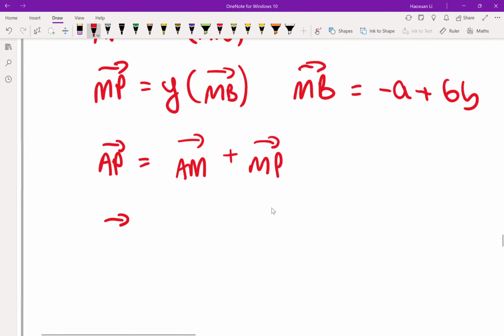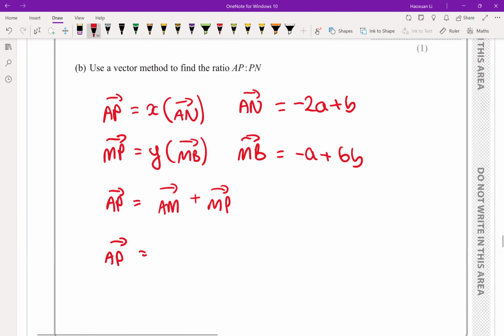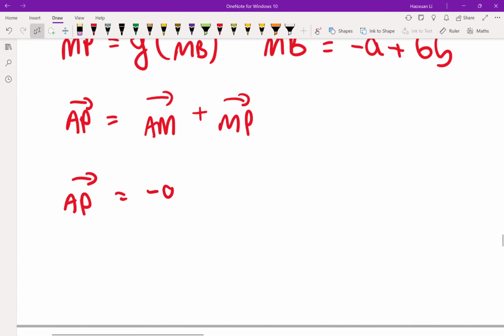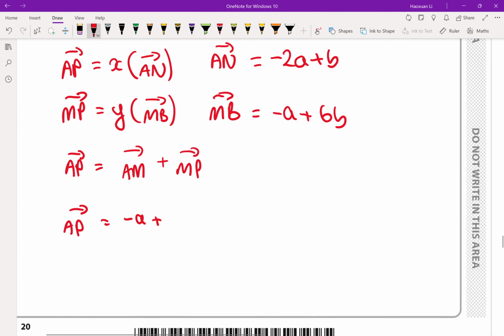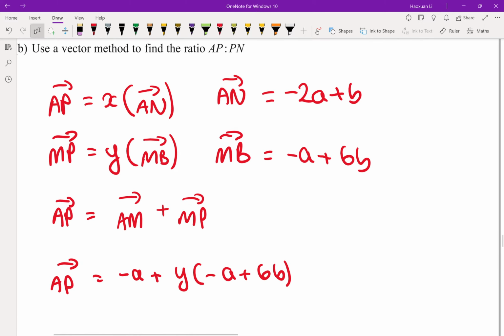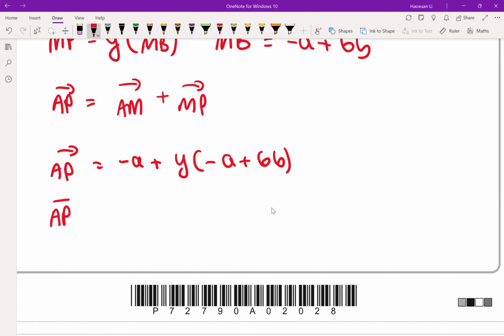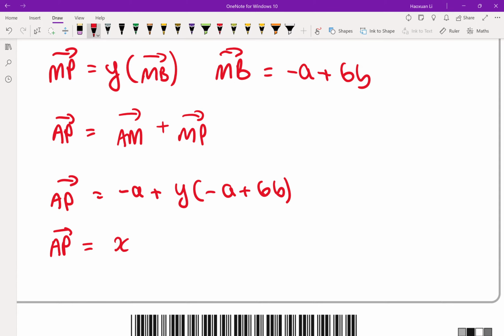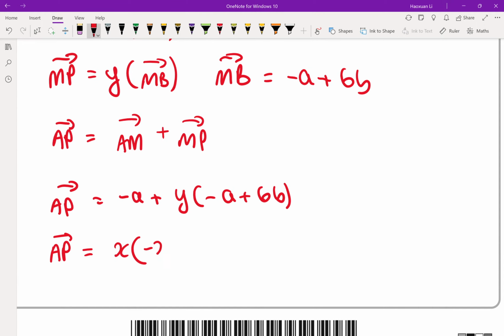So therefore, if you use the actual value, AP would equal negative A plus Y times negative A plus 6B. And bear in mind that there's another equation, another way, where you just identify the fraction of AP. That should give X times negative 2A plus B.